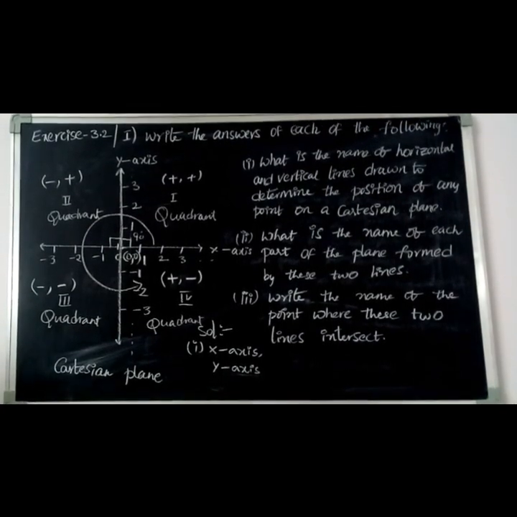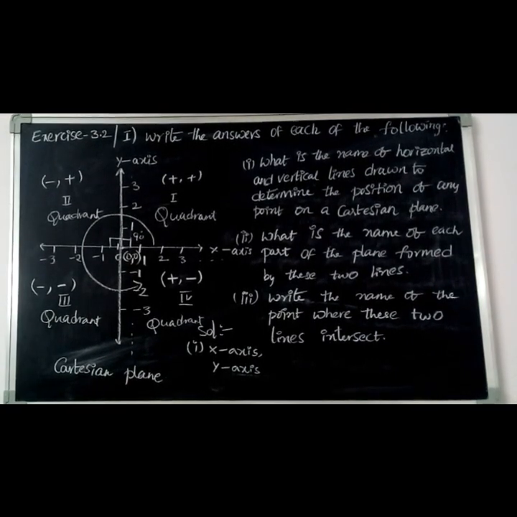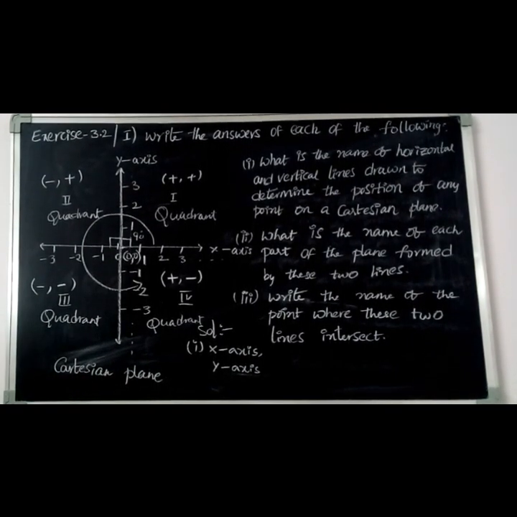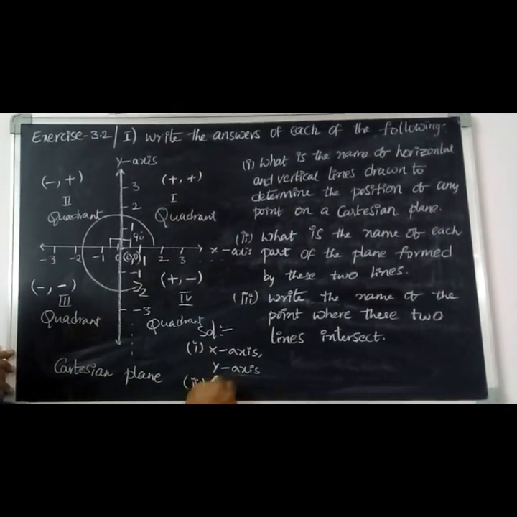By observing its signs, we can easily identify where the point will be located. Okay. So coming to the second question: what is the name of each part of the plane formed by these two lines? Each part of the plane formed by these two lines is called a quadrant.